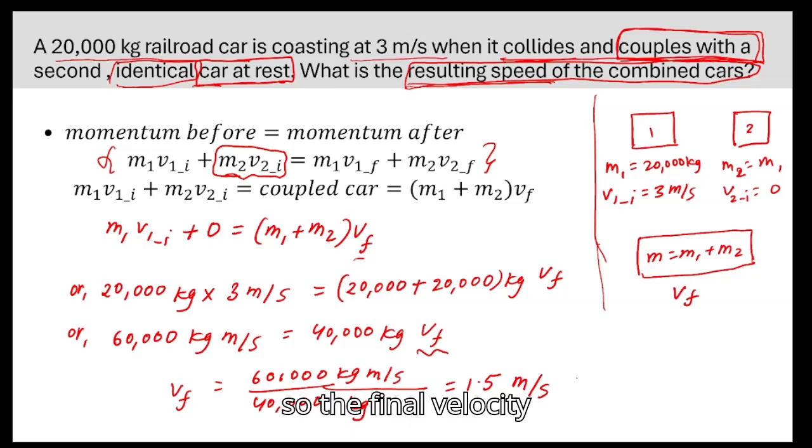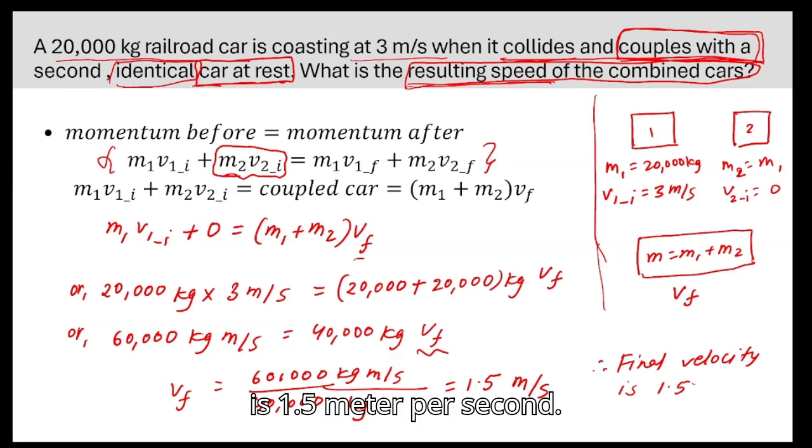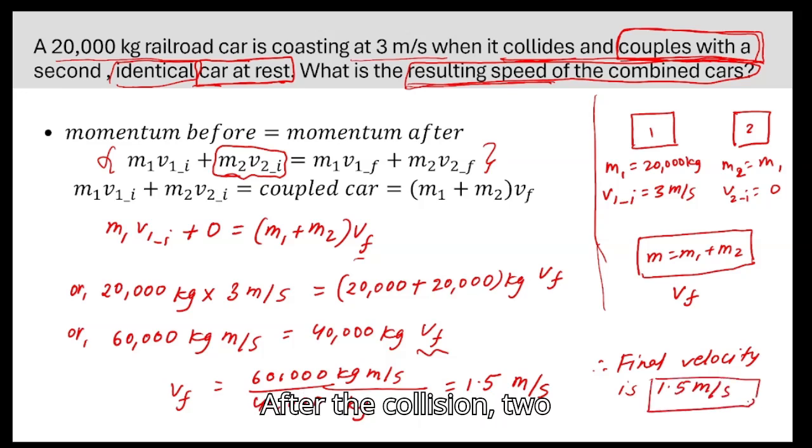So the final velocity is 1.5 meters per second. After the collision, the two cars will couple together and move at 1.5 meters per second velocity.